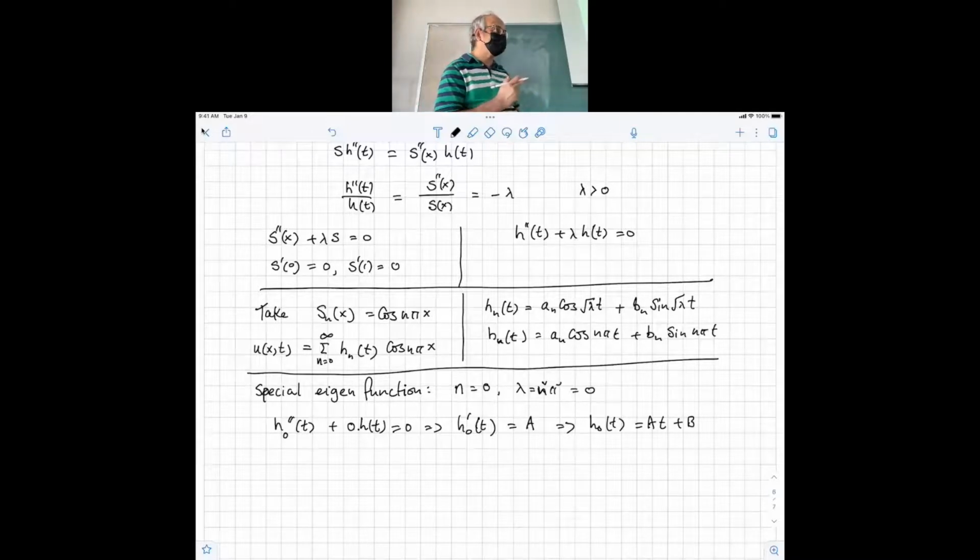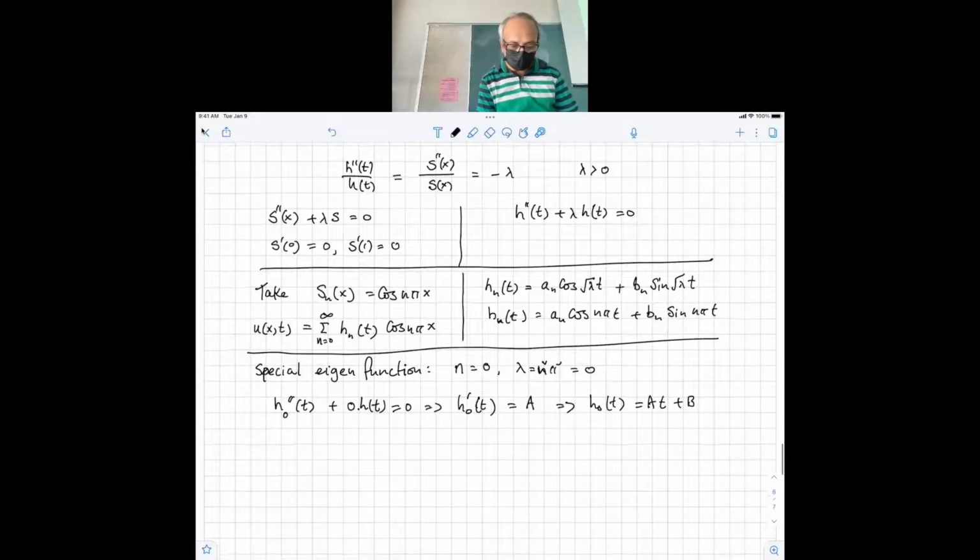So special case, I have that. I can also have a special case for the special eigenfunction, but since it is cos n pi x, when I put n equals 0, I get 1. So I don't need to work it out. If I work it out, I will get ax plus b, and then I will evaluate a and b. So that is possible, or I can figure it out from here. So in that case, I can write down the solution.